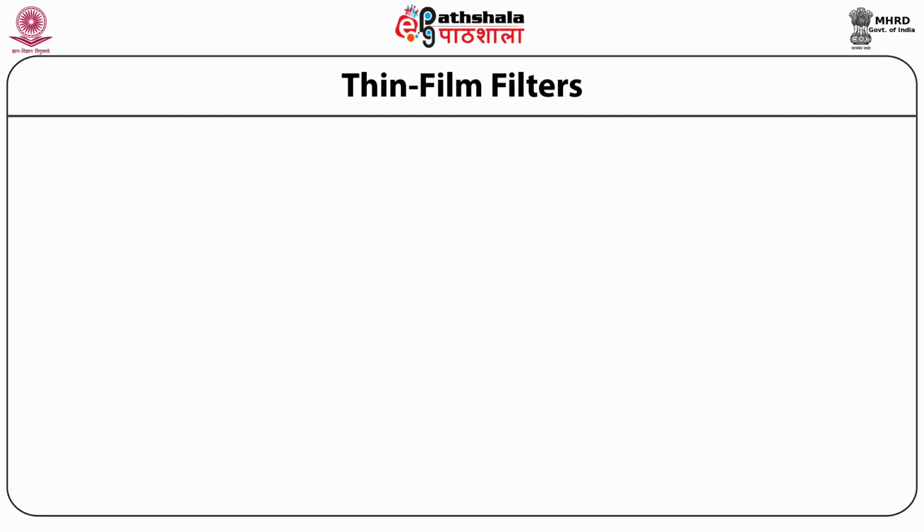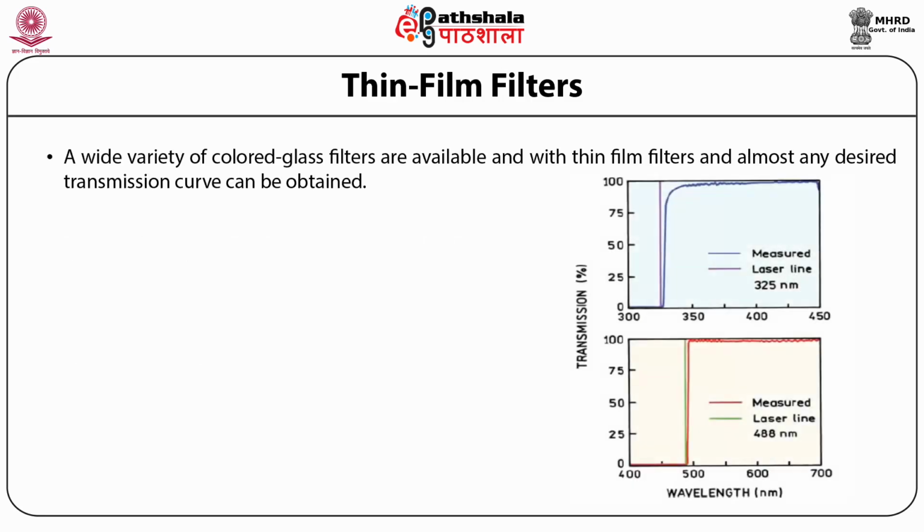Thin film filters. A wide variety of colored glasses are available, and with thin film filters, almost any desirable transmission can be obtained. That means if we combine a colored glass filter with a thin film filter, the transmission in any range can be obtained.